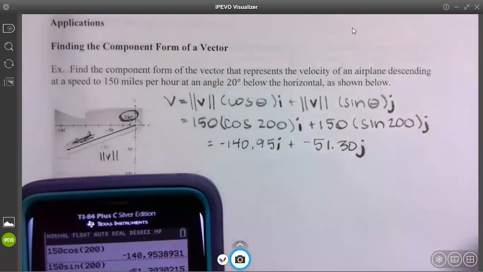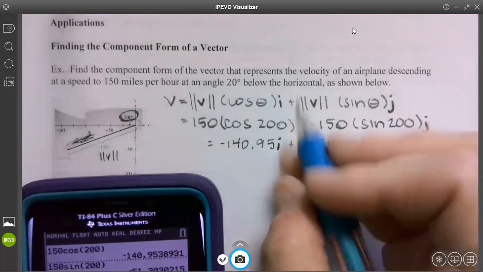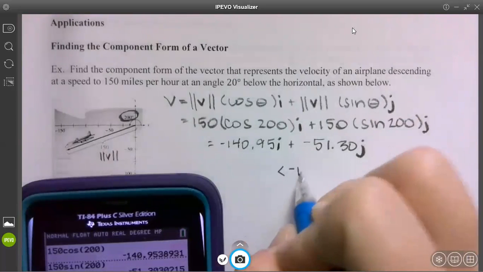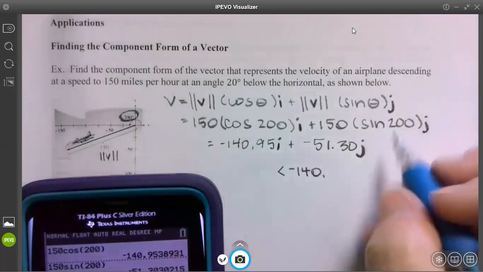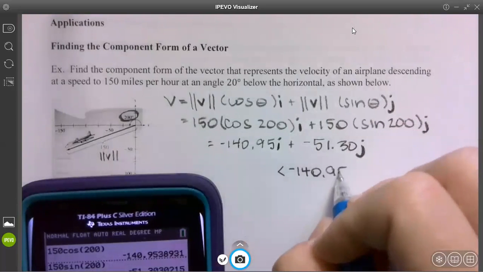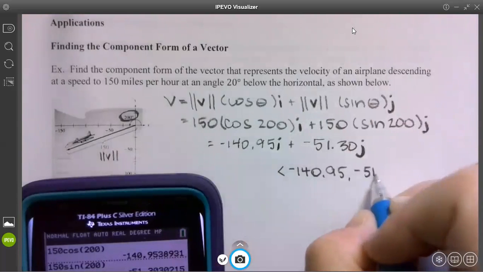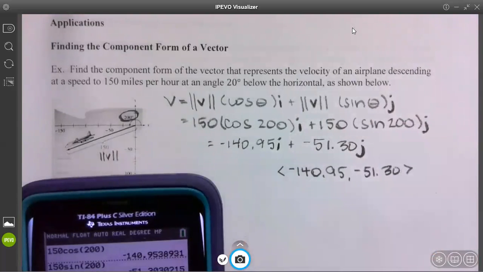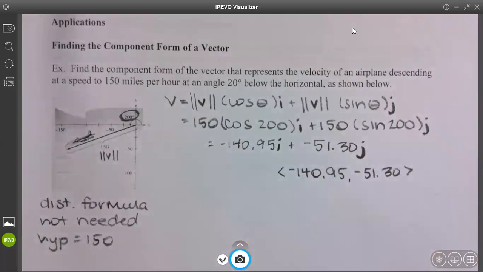And we have the J. So then your component vector is going to be those two numbers, negative 140.95 and negative 51.30. That's it. Okay. Looked like it was going to be hard, but it's not too bad.